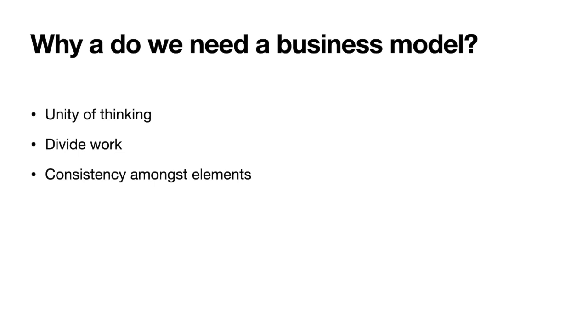So the business model should allow all team members to visualize the end result and discuss the different options how to get there. So that's the second reason for having a business model, that we can divide the work amongst the team members. The third reason then is that all the parts fit nicely together.